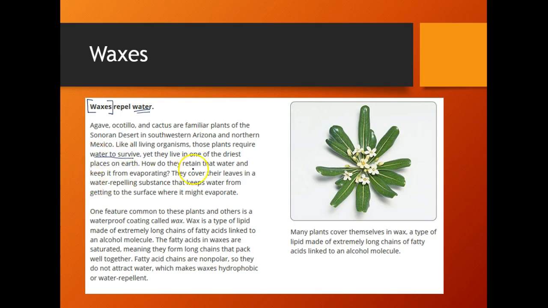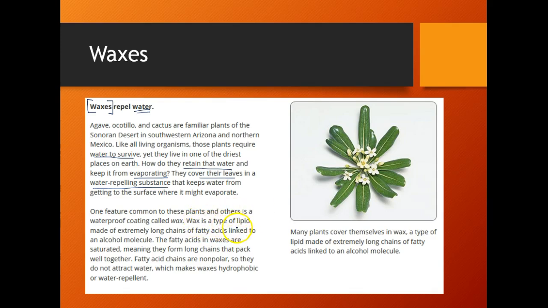So how exactly are they able to retain the water and keep the water from evaporating into the atmosphere? What they do is they actually cover their leaves in a water-repelling substance that keeps water from getting to the surface of the leaves where it might actually evaporate to the atmosphere. So the wax provides a barrier to prevent water from escaping from the plant.